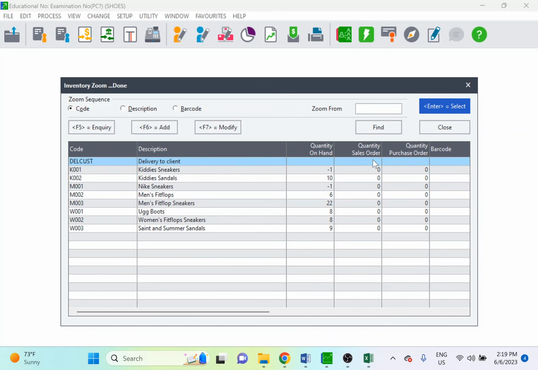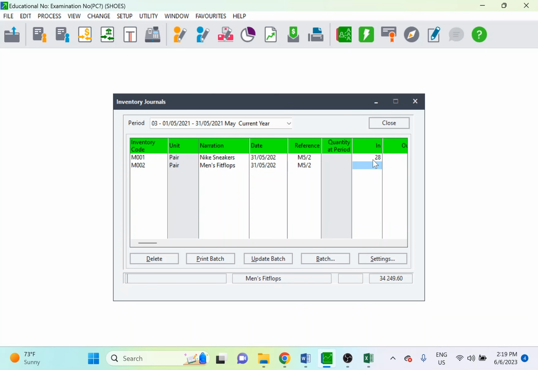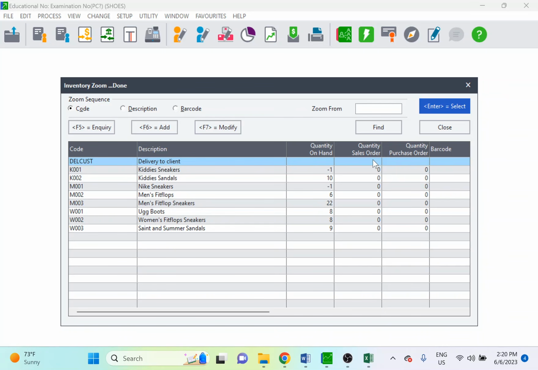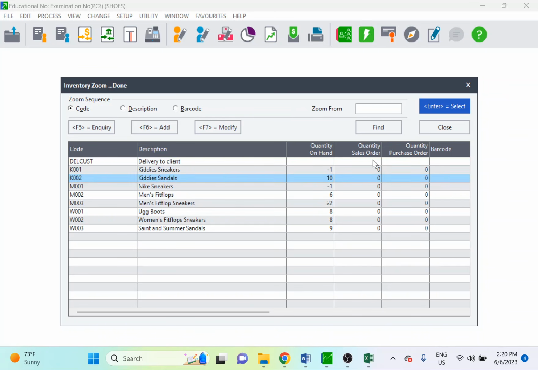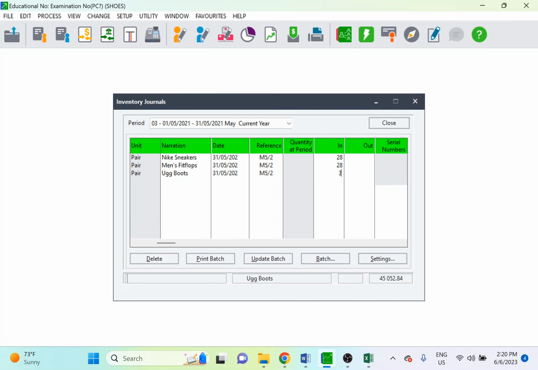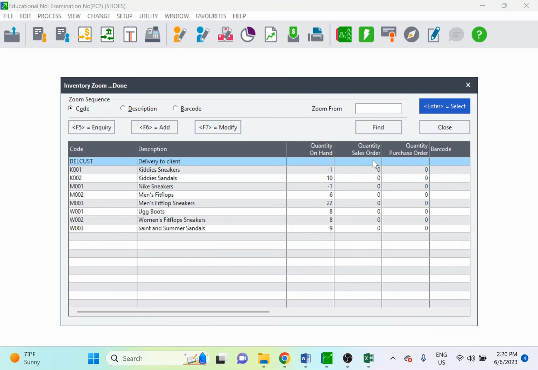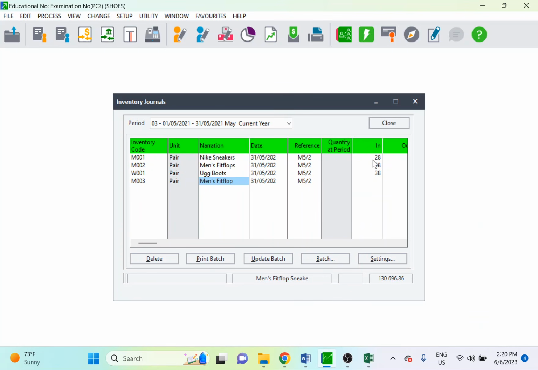Number 2, men's flip-flops, 28 also. Ugg boots, we have 38. Women's flip-flop sneakers, we have 27.